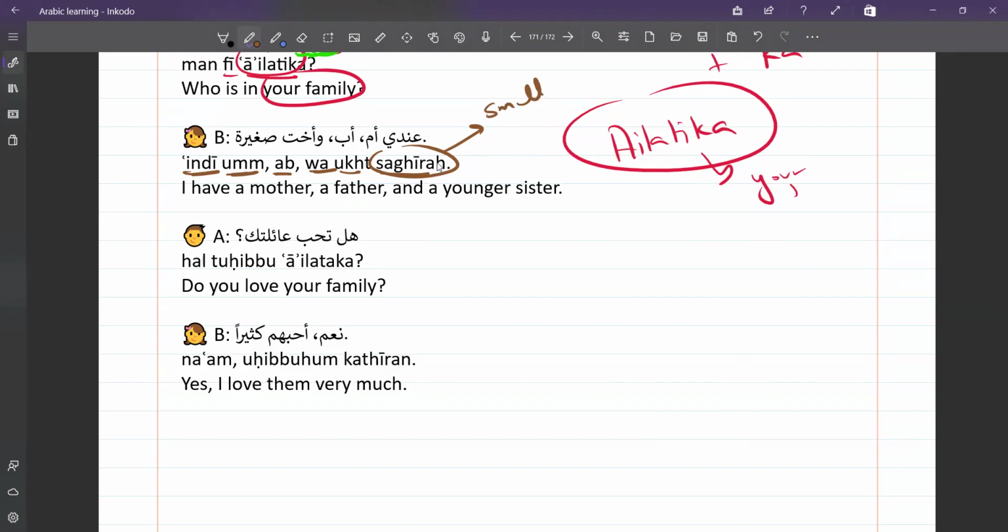And in this context, if we say ukht saghira, it would mean younger sister or smaller sister, right? So the person B is a girl, she is saying, Indi umm, ab wa ukht saghira, meaning I have a mother, a father, and a younger sister. Because saghira means small, right?